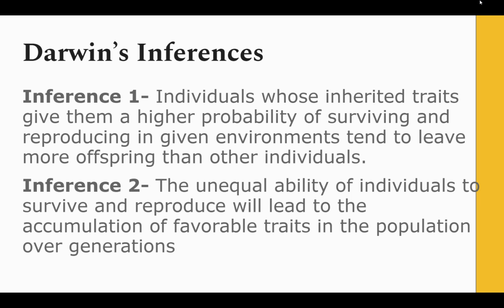Over time, those traits are going to be more popular because we will have more babies with these traits. And then those babies will have more babies with those traits, and then those babies will have even more babies with those traits, until the entire or almost the entire population has those really good characteristics that make them better at surviving and reproducing.